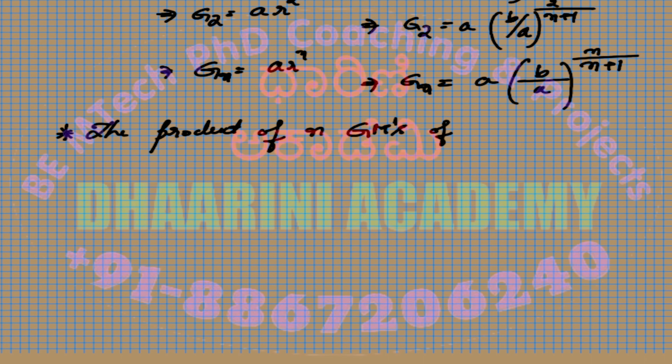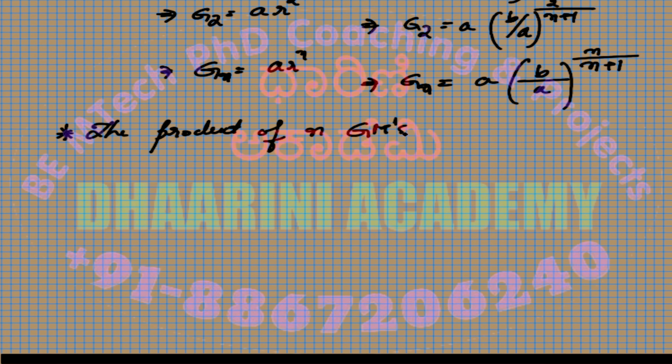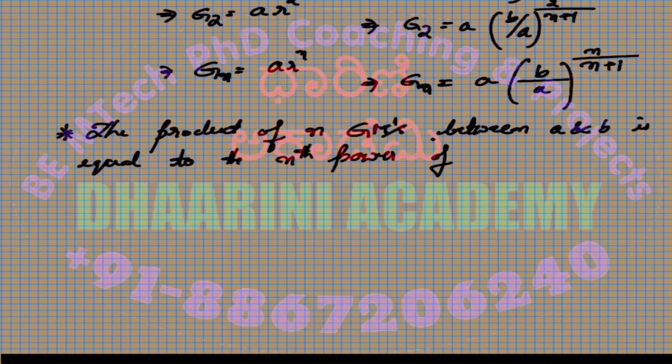The property is that the product of all the n geometric means, because we insert the n geometric means Gn between the numbers A and B, is equal to the nth power of the single GM between A and B.